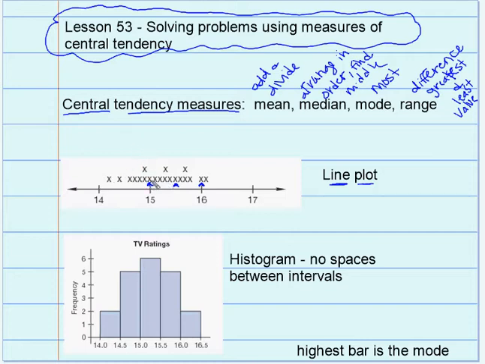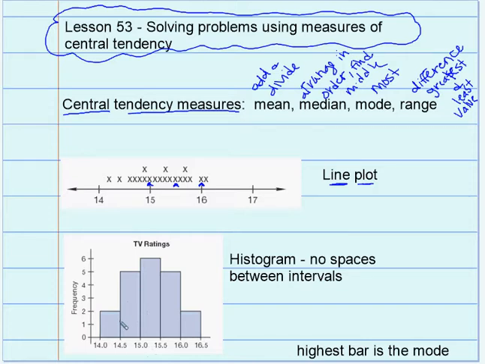Okay, so it's going to end up looking kind of like a bar graph or a column chart as the values continue to occur. A histogram looks like the diagram down here, the frequency of the TV ratings. There are no spaces between the intervals. It goes from 14 to 14 and a half, and then 14 and a half to 15.